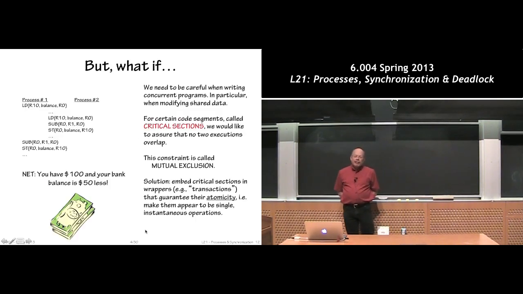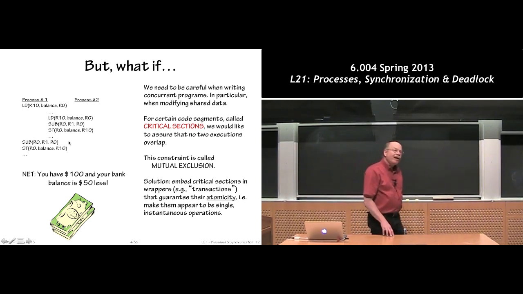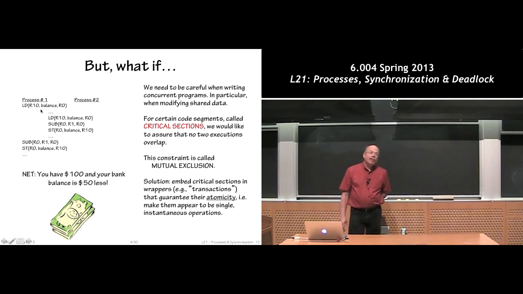However, if the execution of the programs interleaves in the wrong way, in other words, if we stop running process 1 on the bank's big time-sharing system right after it's loaded the balance, and then process 2 comes along and handles my transaction before we completed your transaction, you can see what's happening here is that I'll subtract $50 from the account, but you'll subtract $50 from the account when your process resumes execution, but you'll be using the old balance.